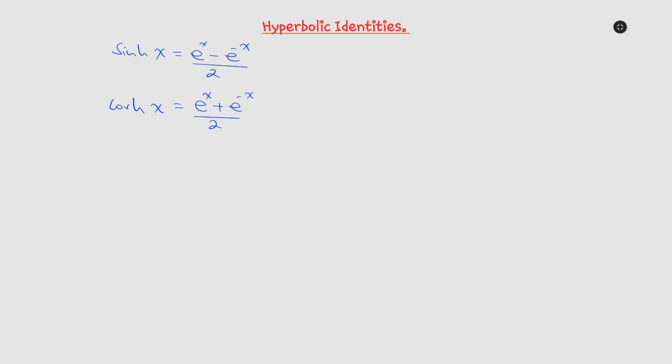Okay, so the next one is tanh x. Remember, tan x is sine x over cos x. The same applies here. Tanh x is given by sinh x over cosh x.